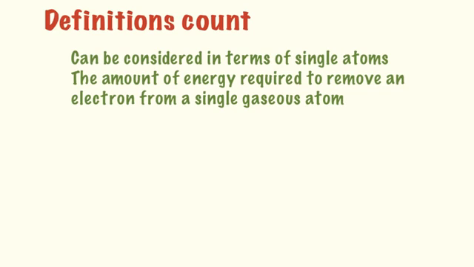Note, gaseous must be emphasised in this. Don't leave it out. Your IB exam will have multiple definition questions. This could be one of them, so it's very handy if we remember this definition.